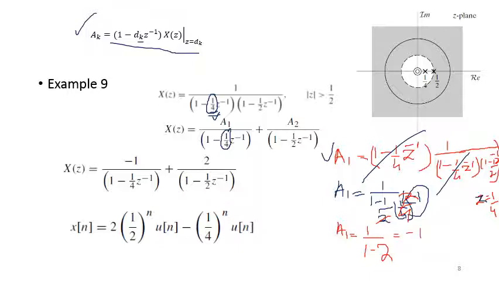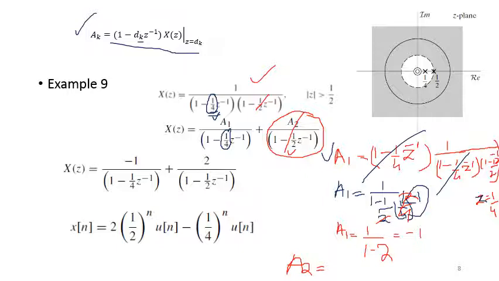Similarly for the second part, you just replace z by 1/2. So if you replace z by 1/2, you get A2. When I multiply this thing with this, this cancels with this one, and you are left with 1 over 1 minus 1/4 z inverse.